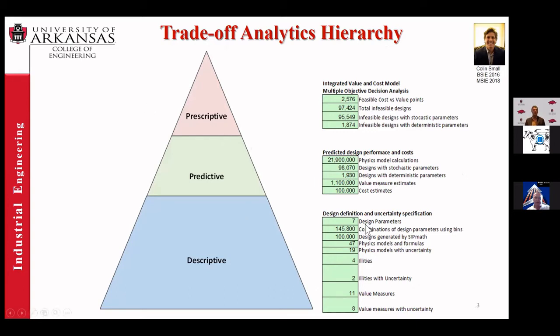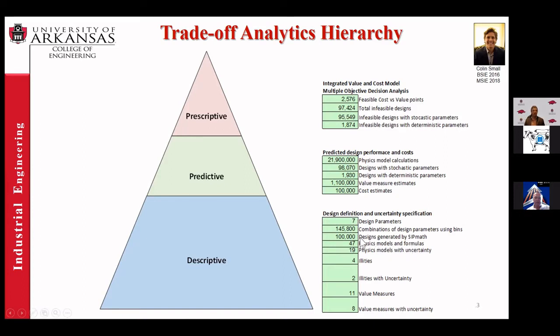You can see he starts with 7 design parameters, and he's using probability management, which is SIPmath, an Excel plugin that really helps with Monte Carlo simulation and some other things, developed by Sam Savage, to generate 100,000 designs for the space. And of course, there are other metrics there, but let's just focus on those for now.